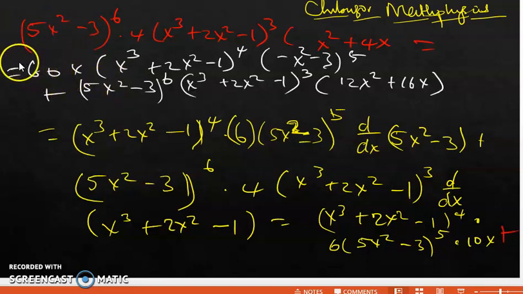Like you have seen, this is a very long one, and finally this is what you will get, and this is why I wanted to stop at some point in order for us to do the simplification.